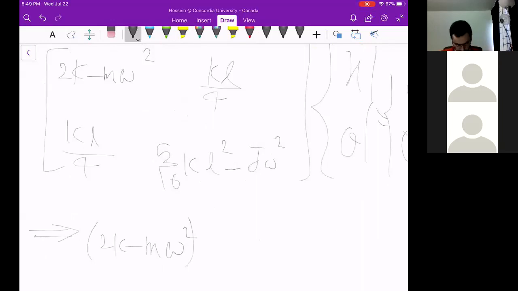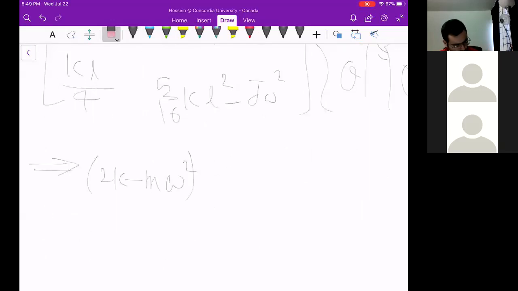So for the natural frequency, the determinant equal to 0.